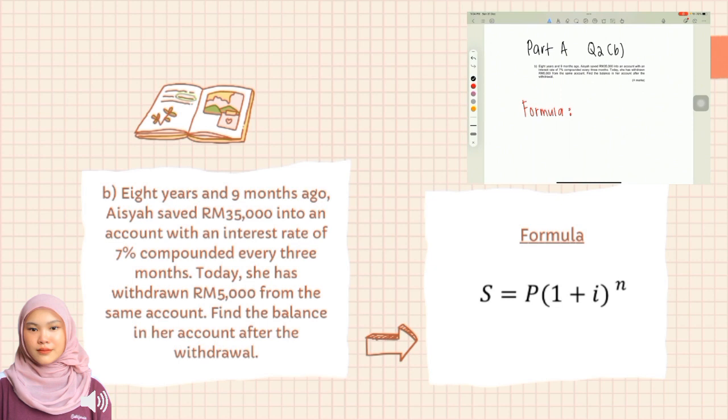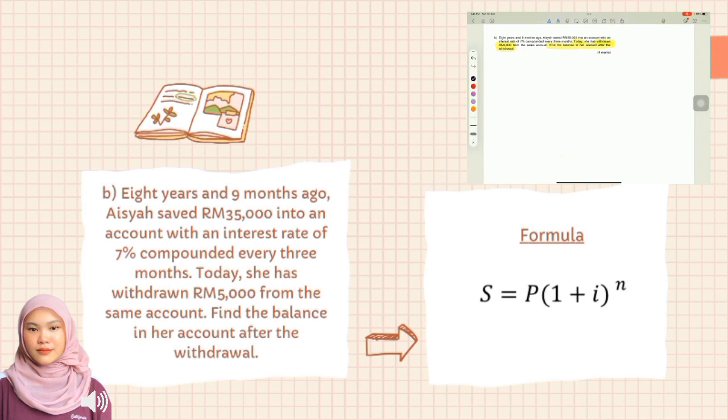For this question, the formula that we're going to use is S equals P bracket 1 plus I bracket, to the power of N. The question said that today she withdrew RM5,000, and it wants us to find the balance in her account after the withdrawal. To answer this question, we must find the information first.